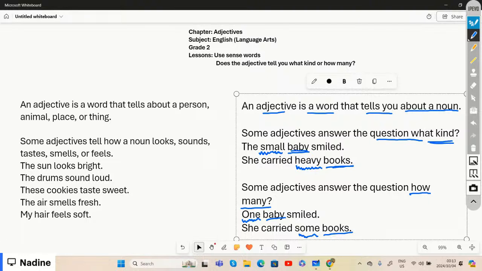And then if we were to answer the question, how many, we answer based on if it's one, if it's two, if it's many, if it's more, if it's some. That is basically when the adjective tells you what kind or how many.